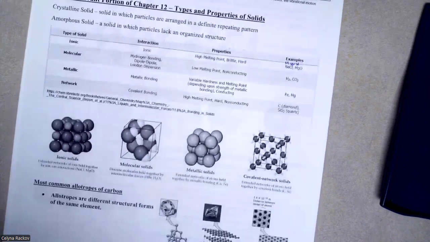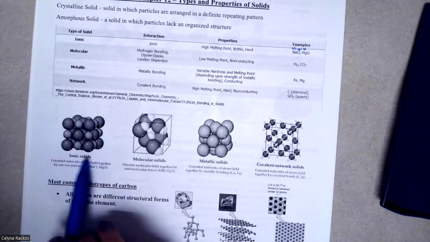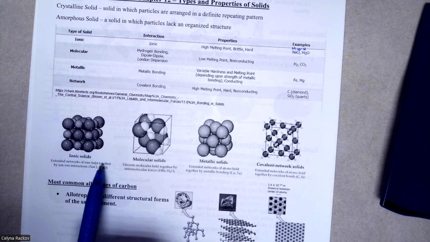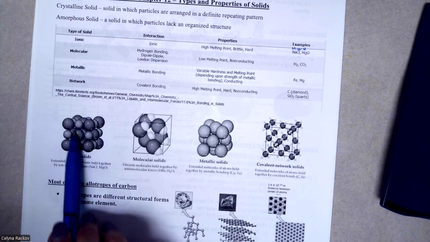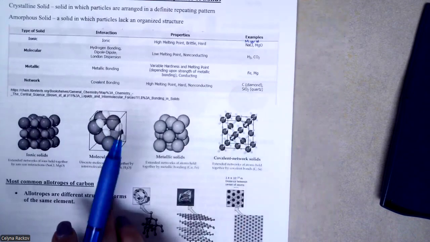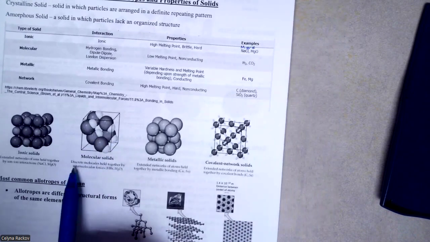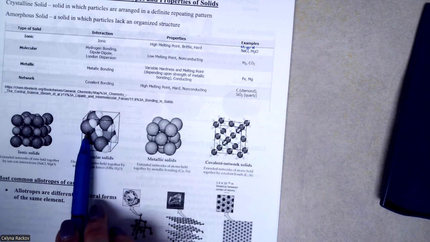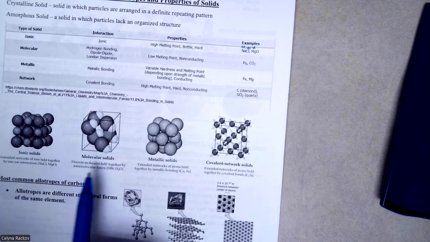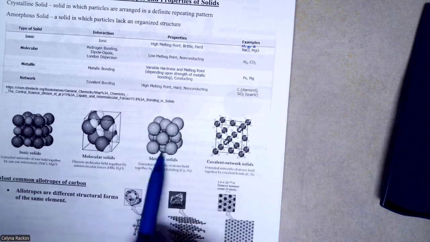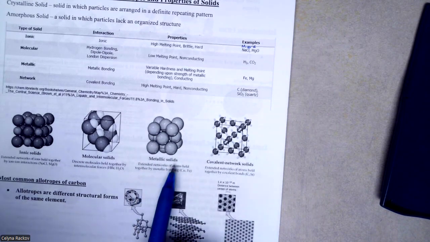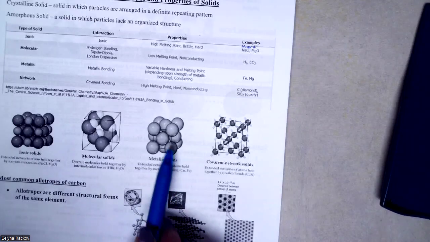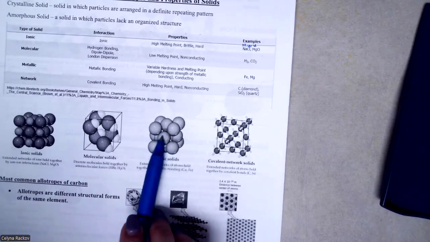For ionic solids, they are extended networks of ions held together by ionic interactions. Molecular solids are stacked molecules held together by intermolecular forces. And metallic solids are extended networks of ions held together by metallic bonding, metals with metals.